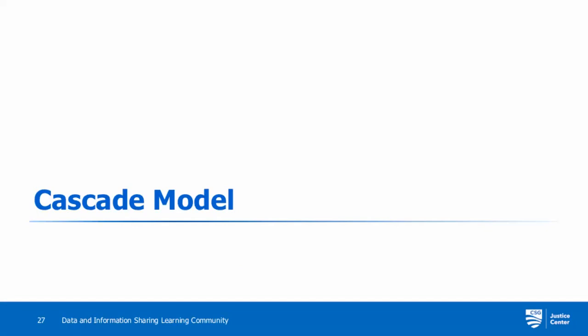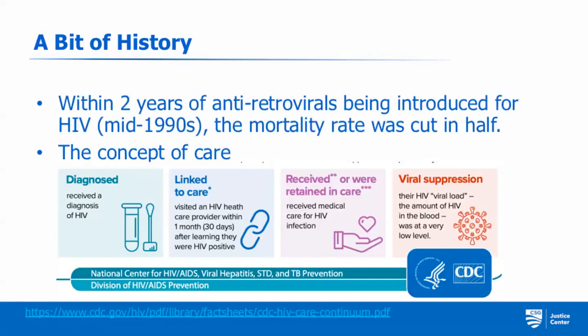All right? So I want to take us back a little bit to history. And that history goes back to our experience with trying to address the problem of AIDS and HIV in the 1980s and 1990s.